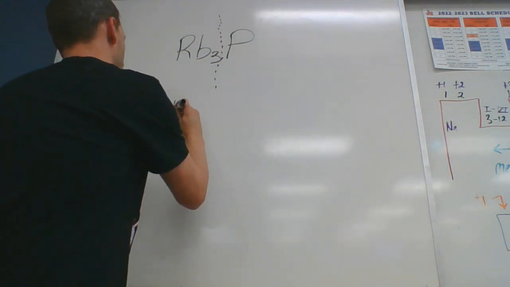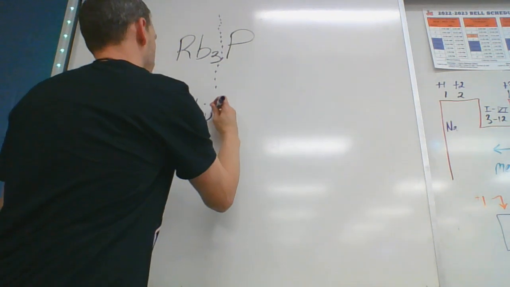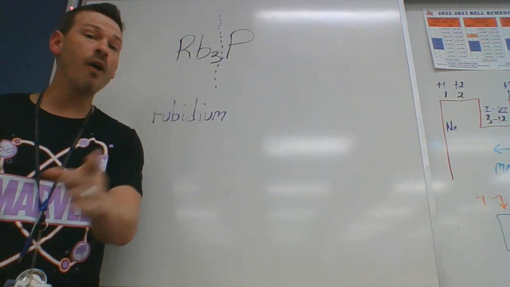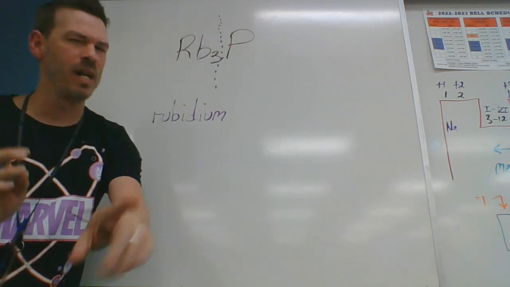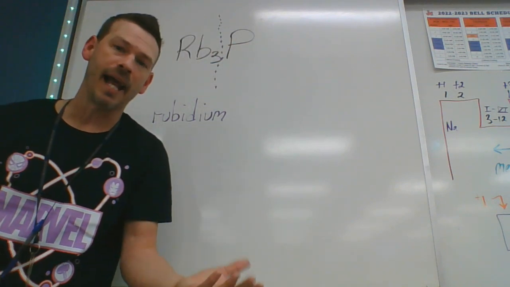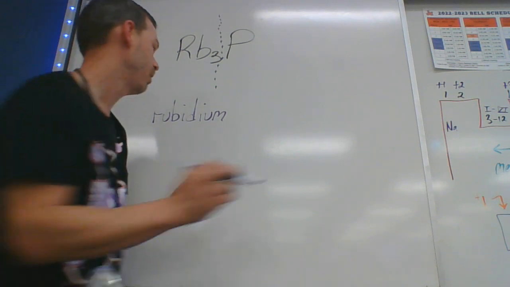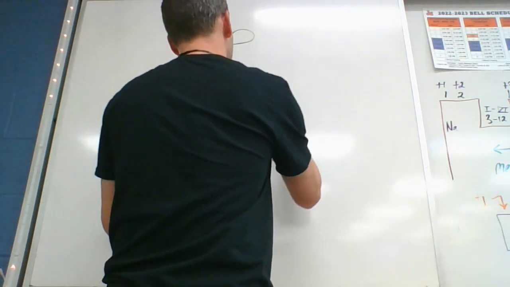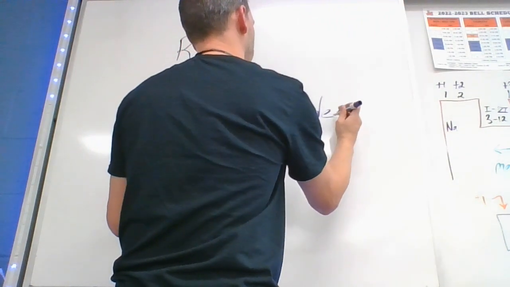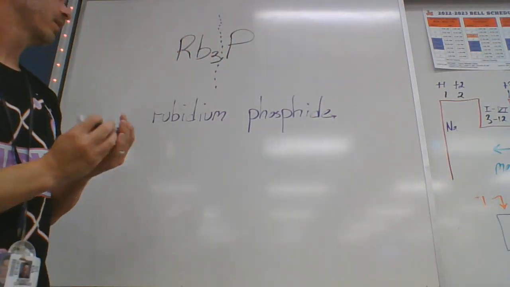Rubidium. How do you say P, but when it's bonded? Phosphide, right? We end the second word in "ide" if it's from the periodic table. And that's it. You're done. There's nothing else to do. Oh, so you don't have to write.